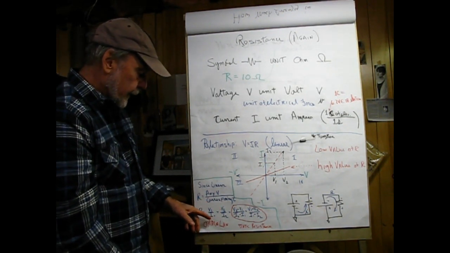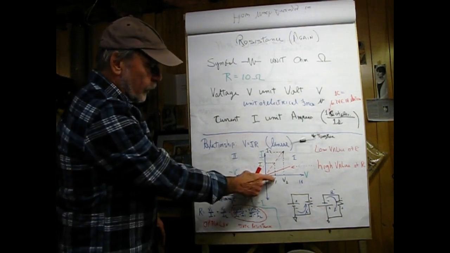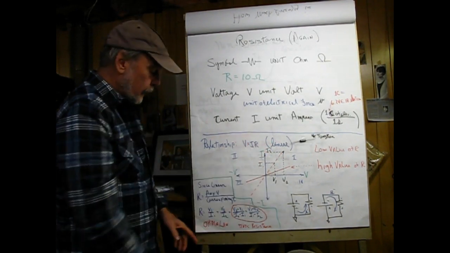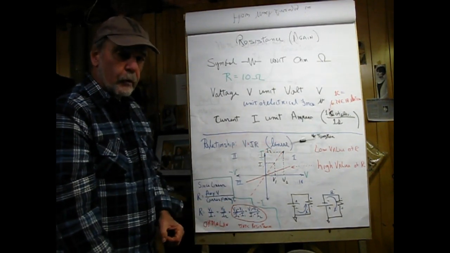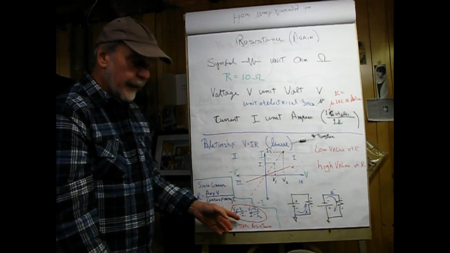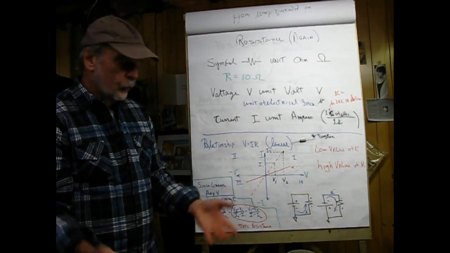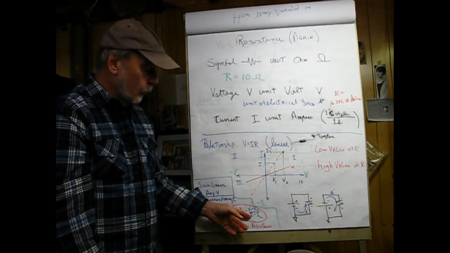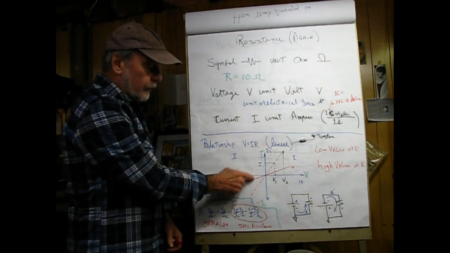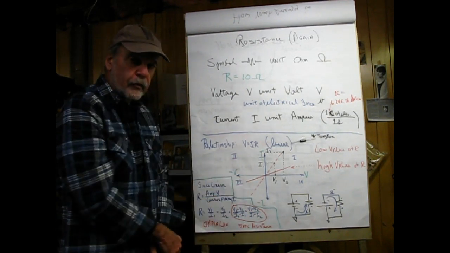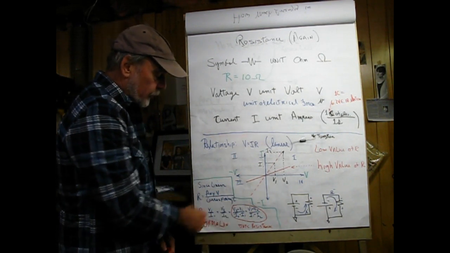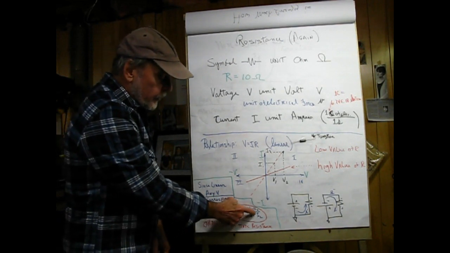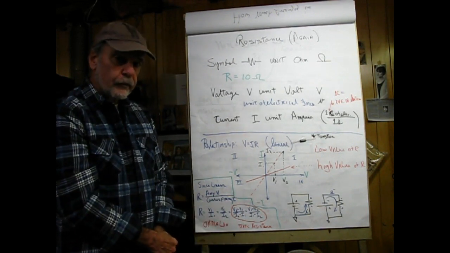So we could also say that V1 divided by I1 is equal to V2 divided by I2, which is equal to V2 minus V1 divided by the corresponding I2 minus I1, which, guess what, is equal to V1 minus V2 divided by the corresponding I1 minus I2. And I can also have voltages over here in quadrant 3. Doesn't matter. So all of this points out is that Ohm's law is a linear function, and this is the test that will tell you whether or not it's true.